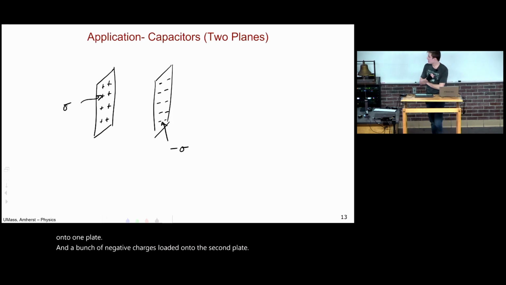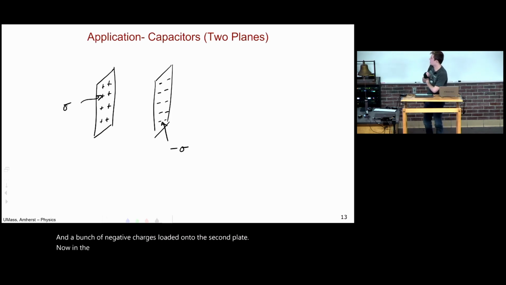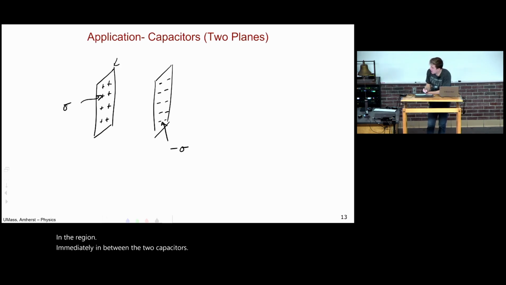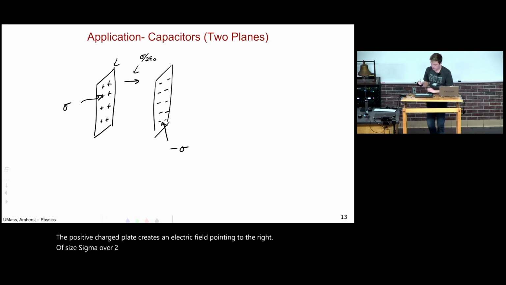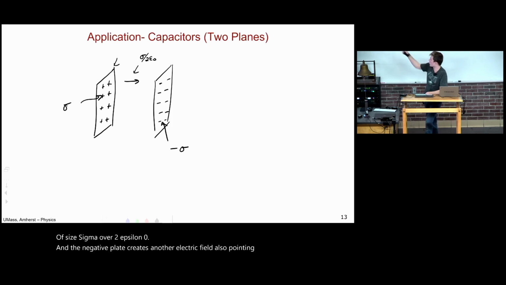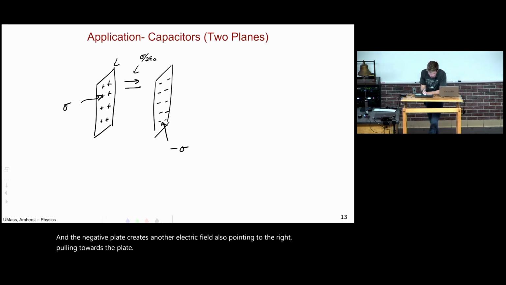Okay, now in the region immediately in between the two capacitors, the positively charged plate creates an electric field pointing to the right of size sigma over 2 epsilon 0. And the negative plate creates another electric field also pointing to the right, pulling towards the plate, also of size sigma over 2 epsilon 0.